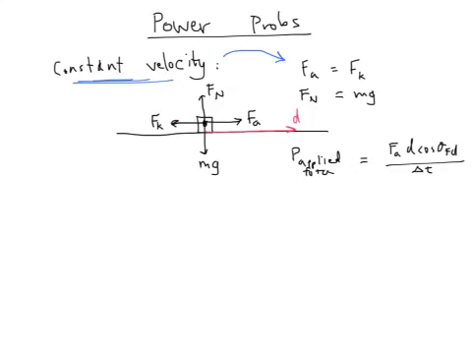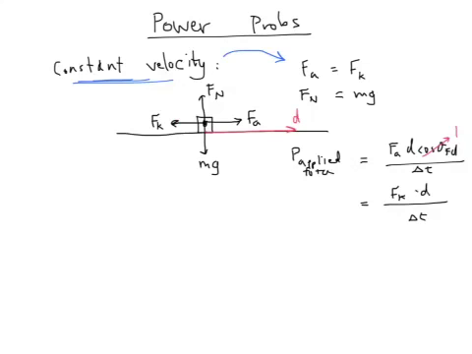And that means if it's moving to the right in a really simple case like this, theta will be 0 and the cosine of 0 is 1. However, the kinetic friction force is equal to the applied force.